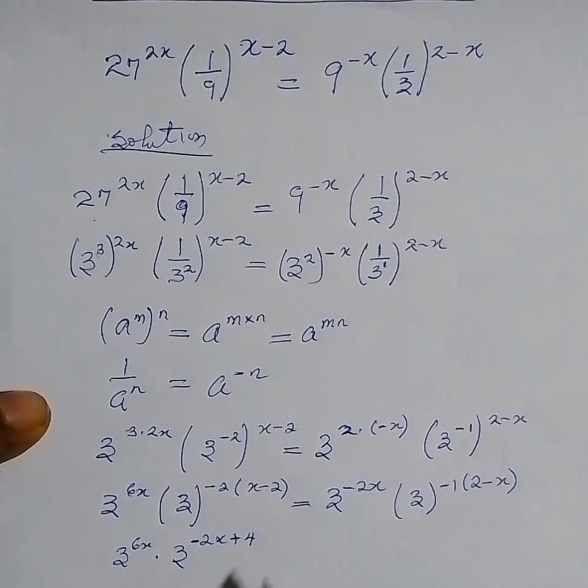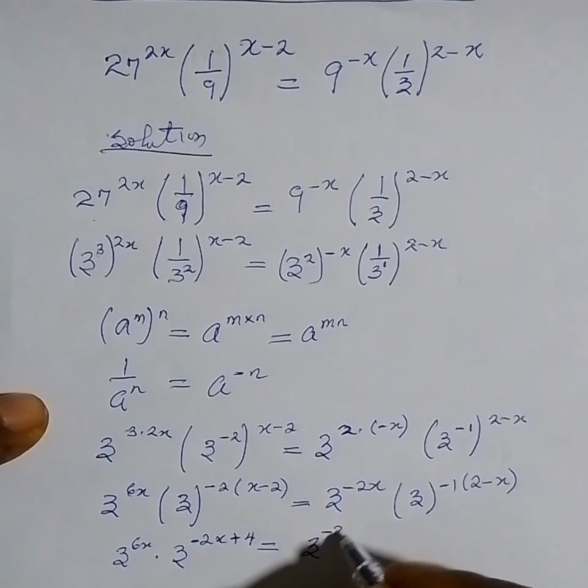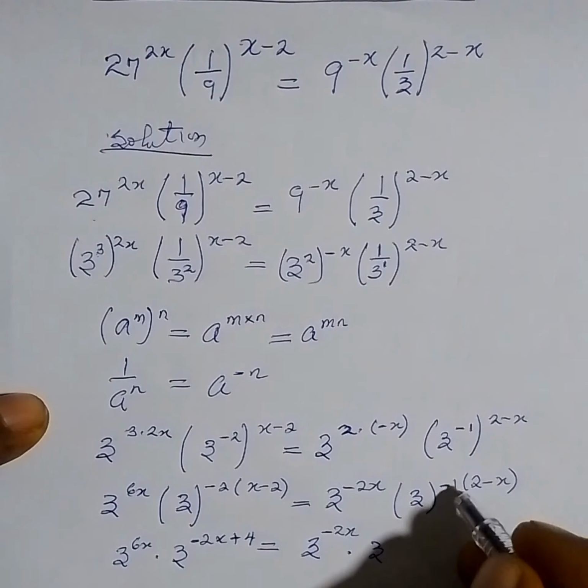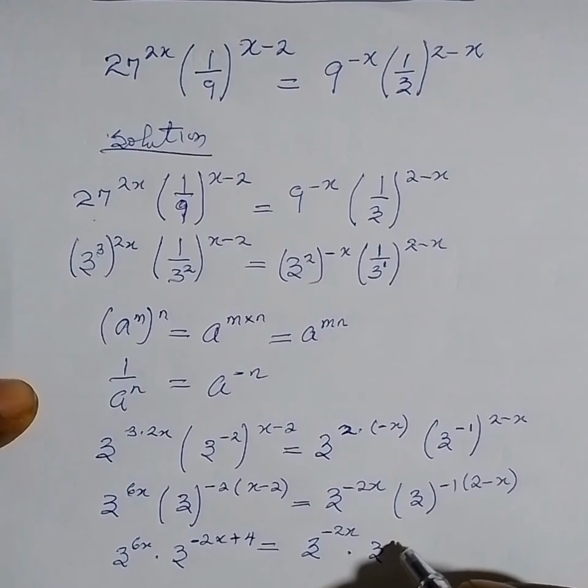That is expanding the bracket on the left. On the right we have 3 to the power of minus 2x, then 3 to the power of, expanding this bracket, minus 2 plus x.